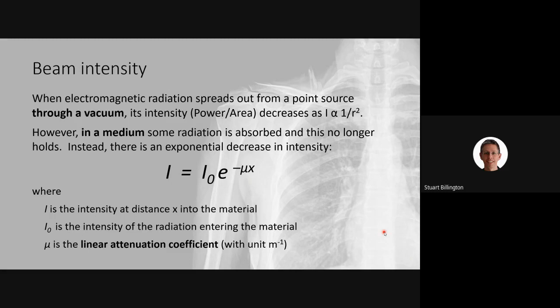How is it that human tissue manages to reduce the intensity of the X-ray beam? What are the atoms in the human tissue doing physically to the photons of the X-ray beam, so that not all of those photons make it to the other side of the patient?